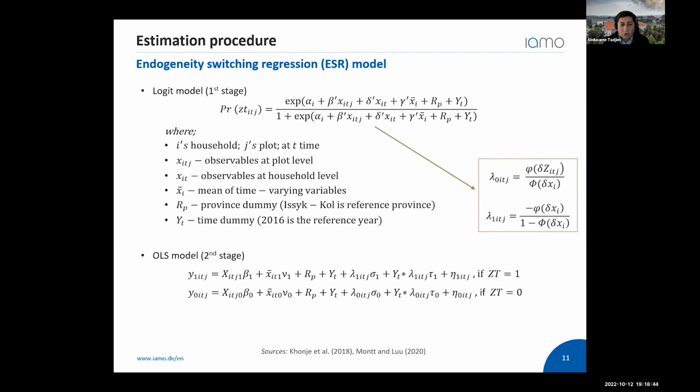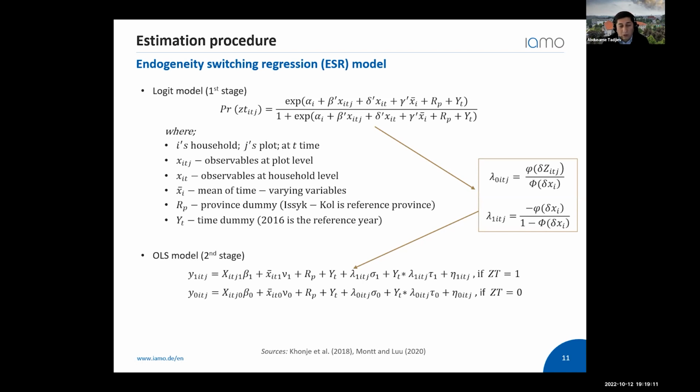So from the fourth stage logit model, we compute the inverse Mills ratio, and we add it in the second stage model to consider selection bias. Also, several scholars emphasize an endogenous switching regression model to account for this.